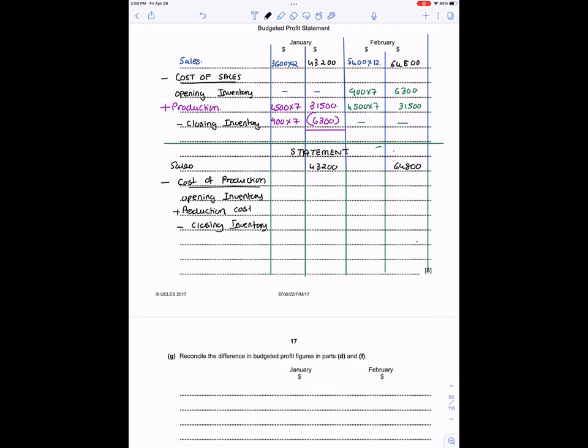What is opening inventory? There is no opening inventory. Production is 31,500 for January and closing inventory 6,300. So this is 25,200. Sales minus cost of production will give you what?